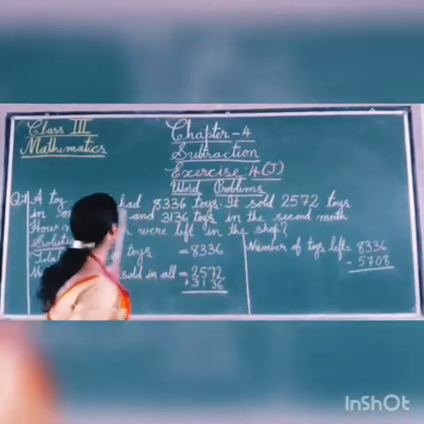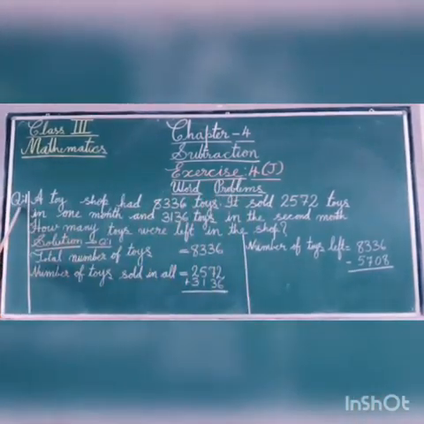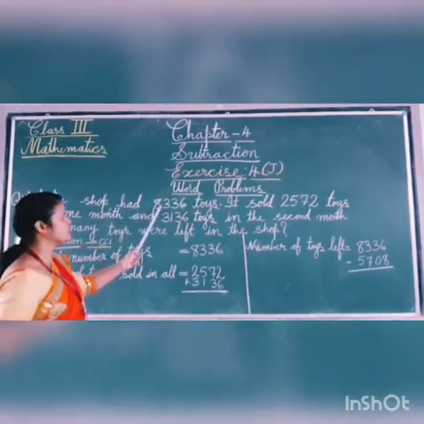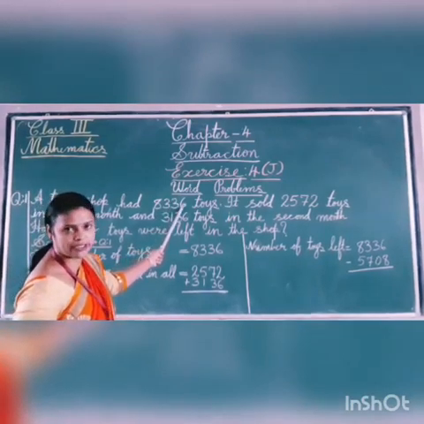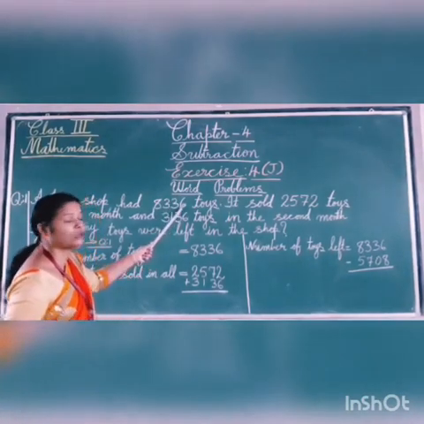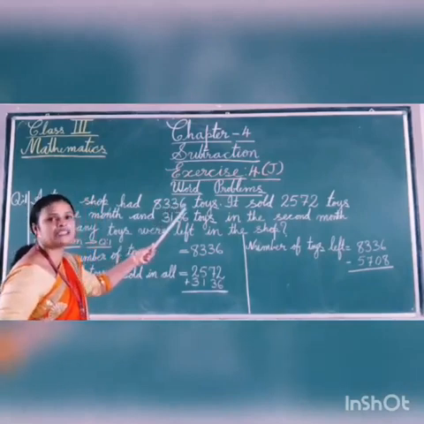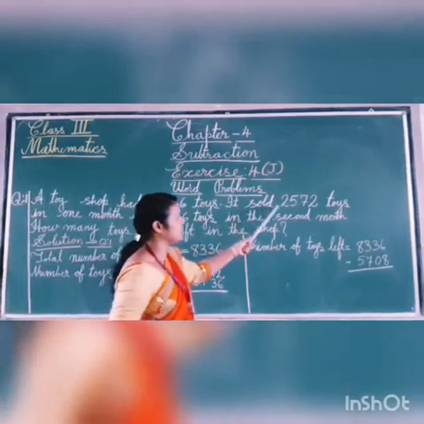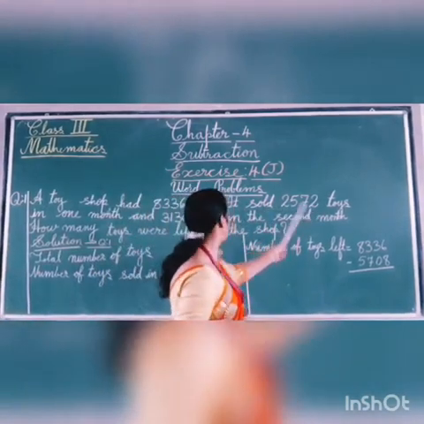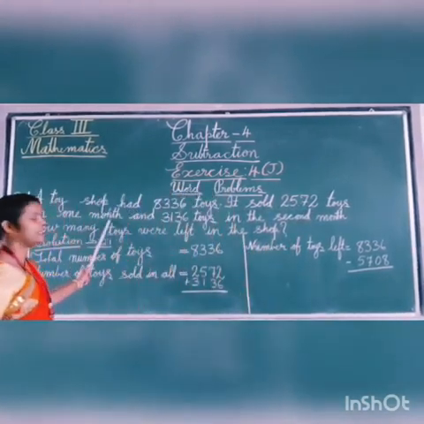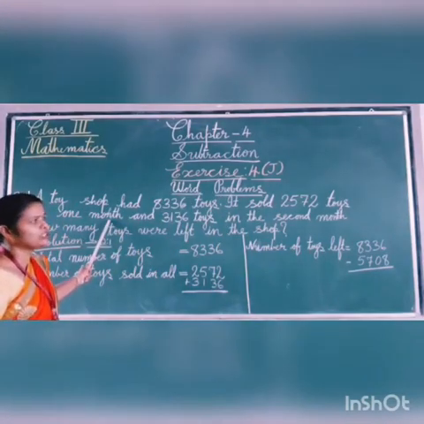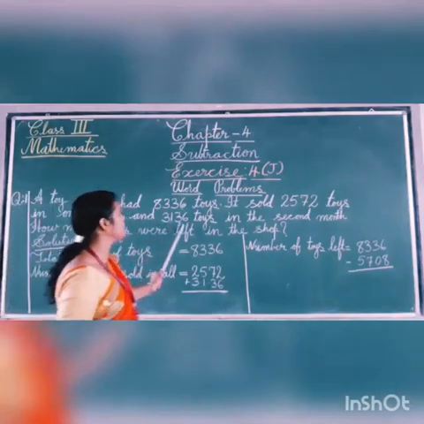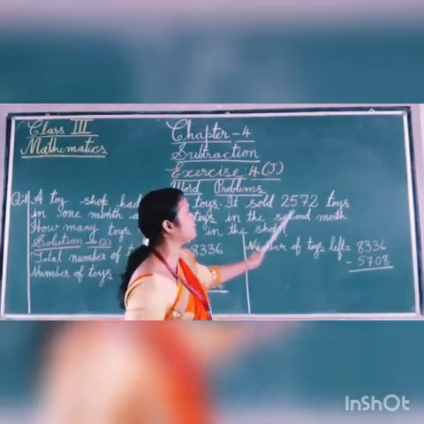Now let us explain. Here I am going to read the question. Question 1. A toy shop had 8,336 toys. It sold 2,572 toys in the first month, and 3,136 toys in the second month.